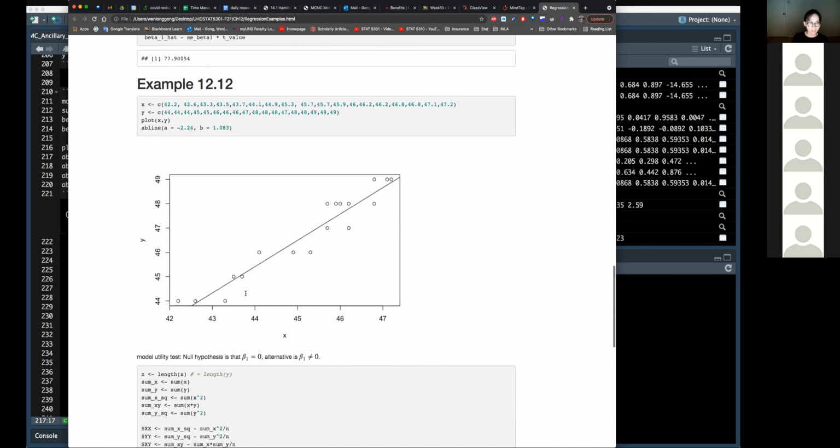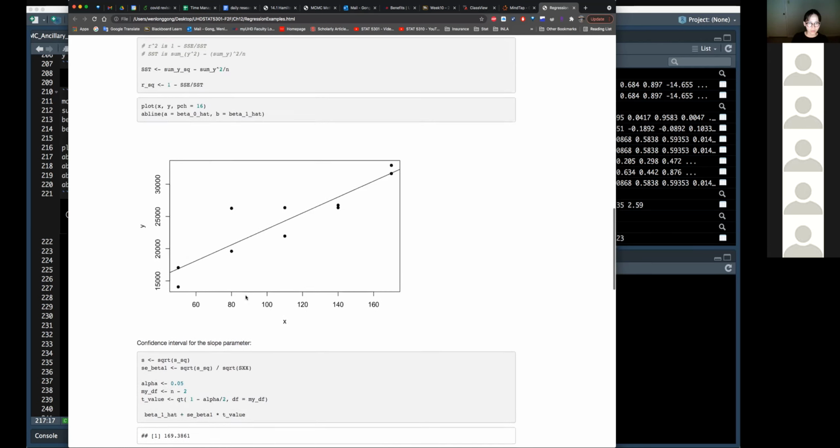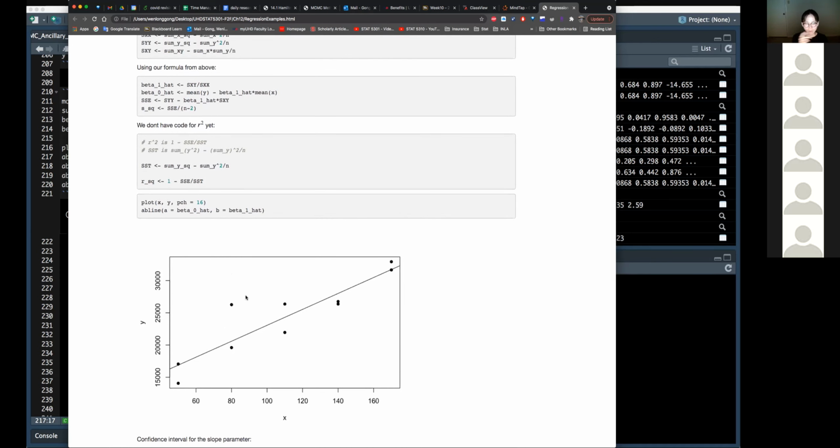Well, I guess that's it for today for linear regression. I was planning to have two lectures for the linear regression chapter, but it looks like we can actually do it in one lecture. So in this way, I can put the following chapters for this class a bit earlier.